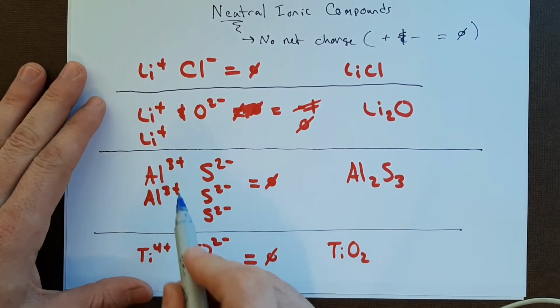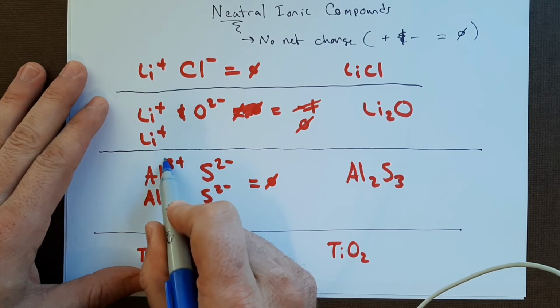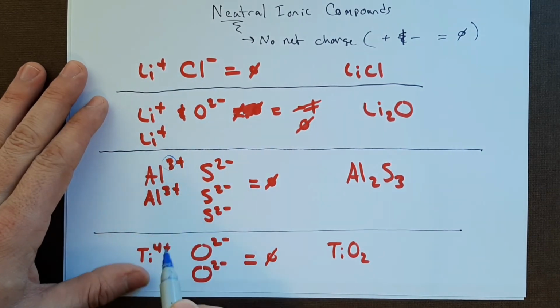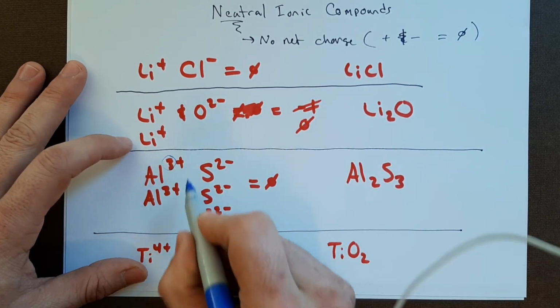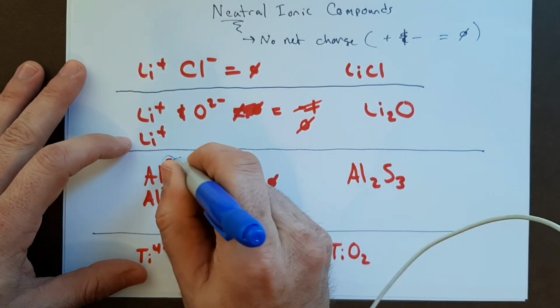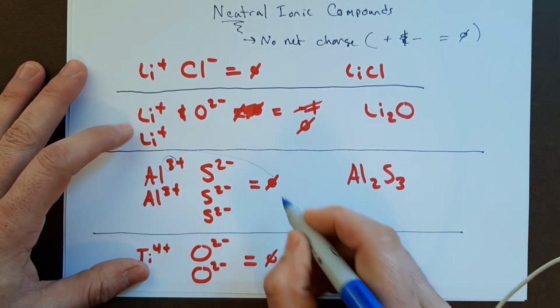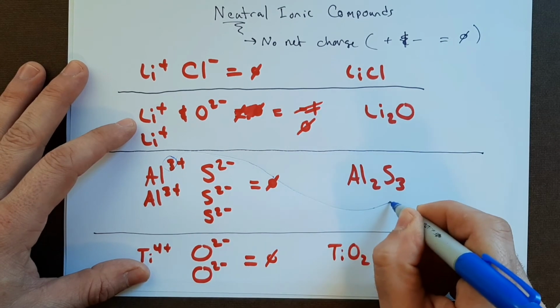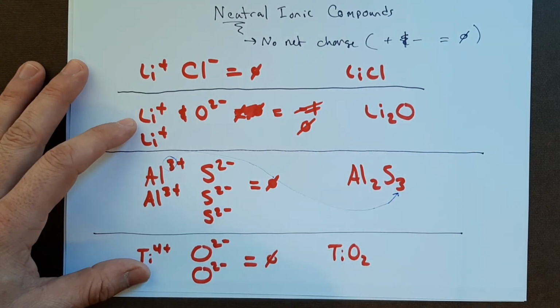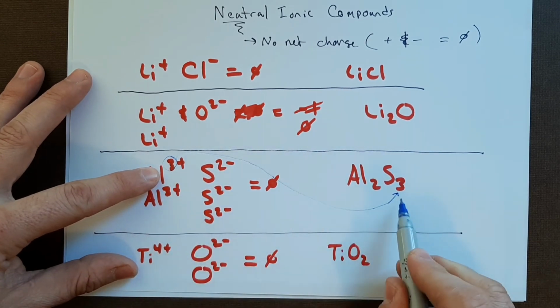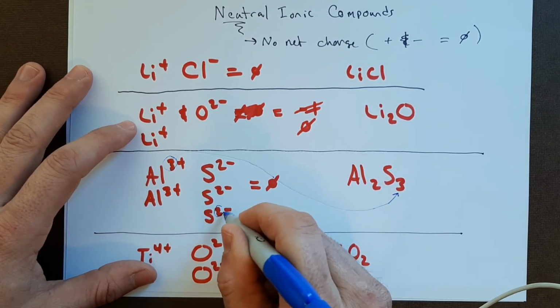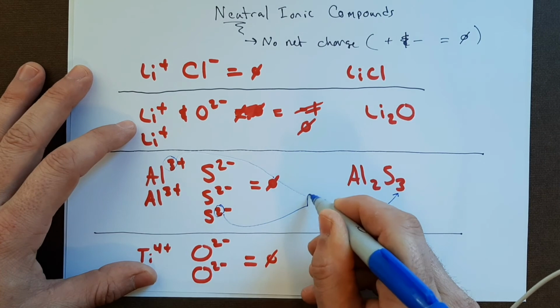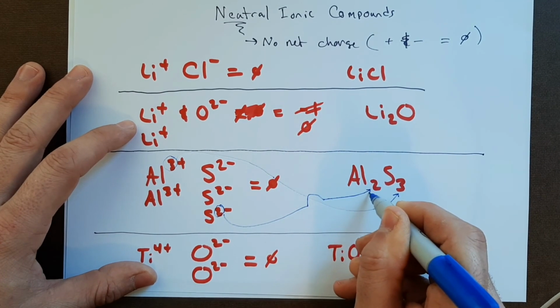The way that works out is 3, the charge of one of them, is often the number of the other that we need. So 3 aluminums results in, sorry, my pen is slightly running out. You need to use 3 sulfurs. A 3 charge on aluminum is the number of sulfurs we need, and the -2 charge on the sulfur often ends up being the number of aluminums we need.